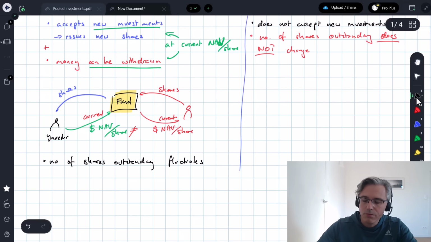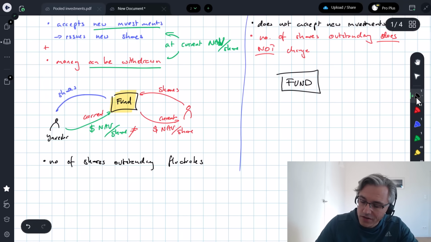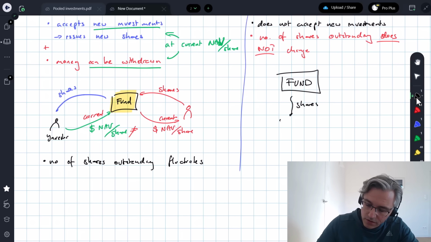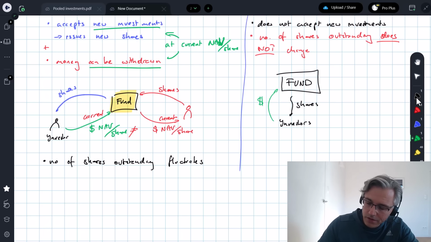So the way this would work would be very much like you would have a company doing an IPO, initial public offering of shares. So the fund issues a certain block of shares, investors buy these things, pay money into the fund, and now the fund obviously uses that money to make investments.